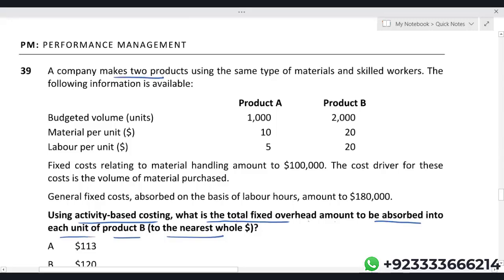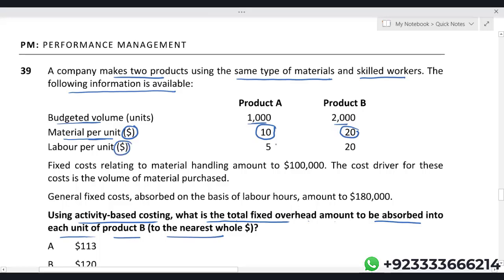A company makes two products using the same type of materials, skilled workers. The following information is available. Budgeted volume 1,000, 2,000. Material per unit, in dollars, $10 and $20.